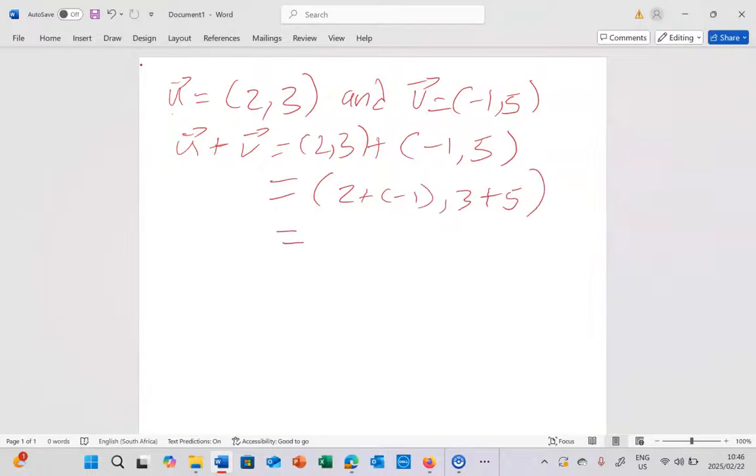This is just equal to 2 minus 1, which is 1, and 8. So this is the vector u plus vector v.